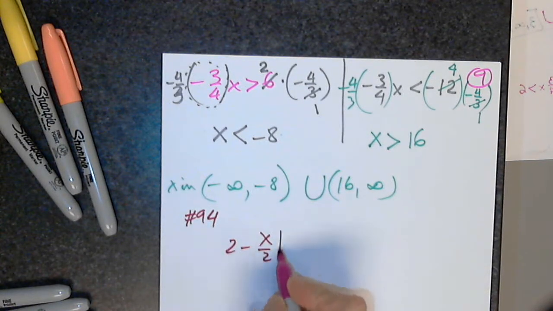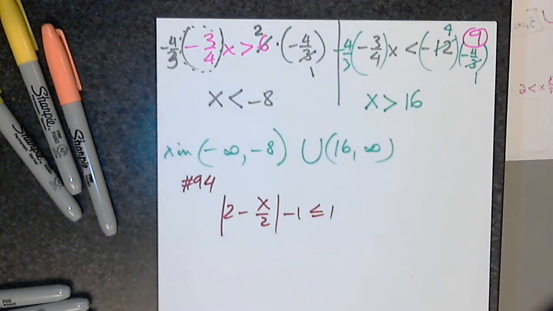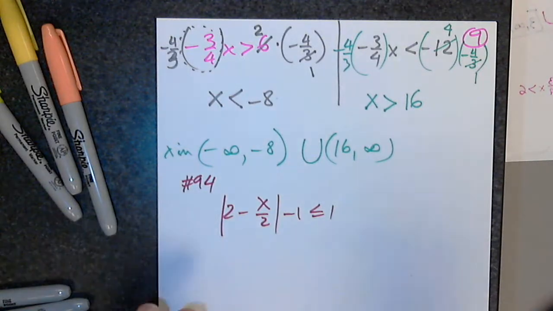Let's also look at the other one, like 94. The absolute value of 2 minus x over 2, minus 1, is less than or equal to 1. What do I have to do first? Yes, I have to add 1. Yes, it's not cleaned up yet.